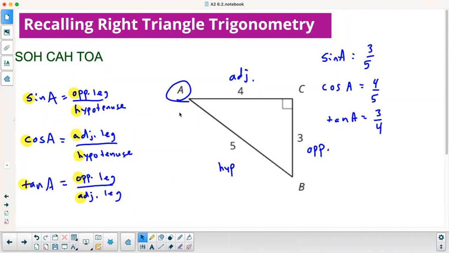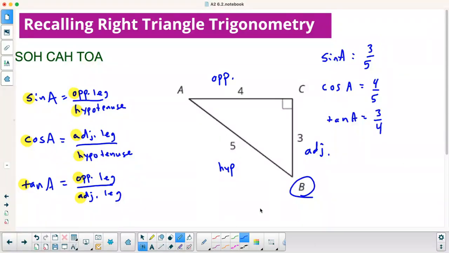Now, if I move my angle down here, my opposite and adjacent will switch. So when I go to do sine of B, it's going to be opposites all the way across the triangle. Sometimes I've seen people draw an arrow to the other side. That's opposite.